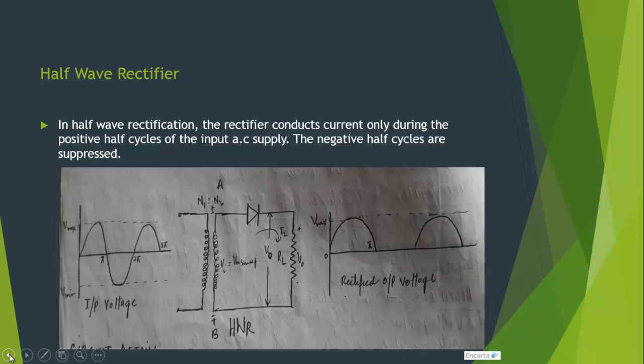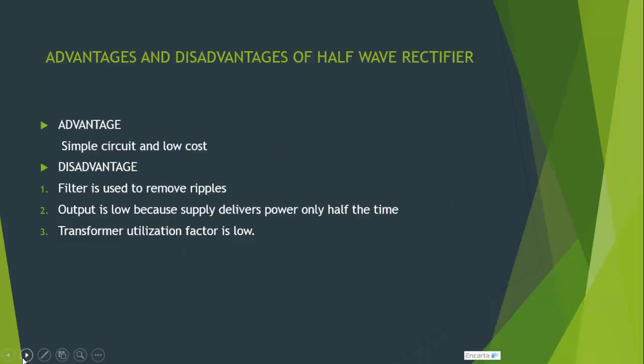Now, coming to the advantage and disadvantage of this half wave rectifier. The single advantage of this half wave rectifier is it's a simple circuit and has a very low cost. But there are many disadvantages in half wave rectifier.